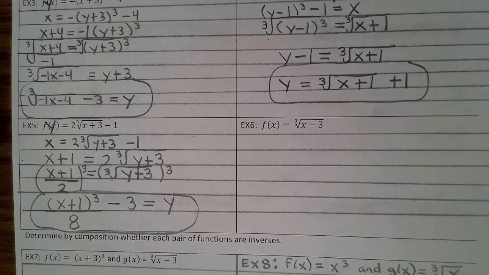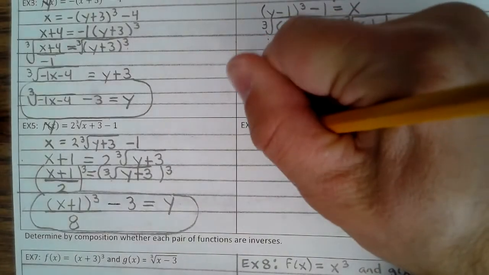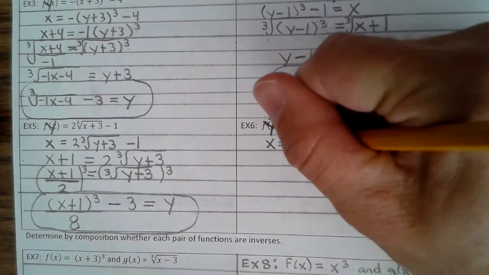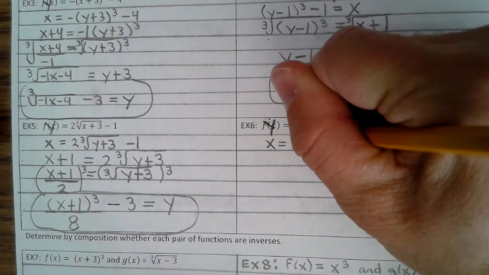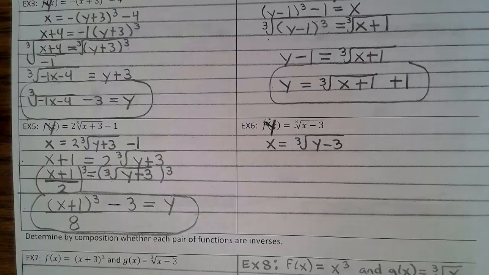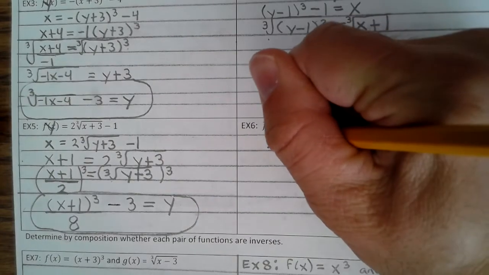All right, now example 6. All right, change f of x to y and switch x and y. So x equals a cube root of (y minus 3). Now we need to cube both sides.